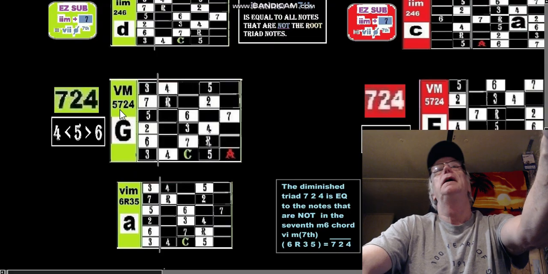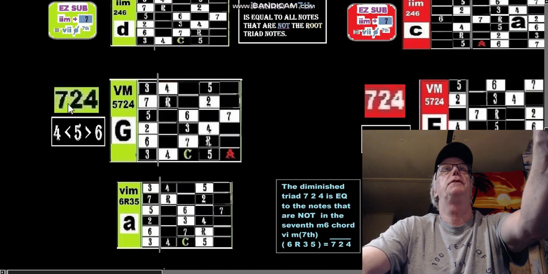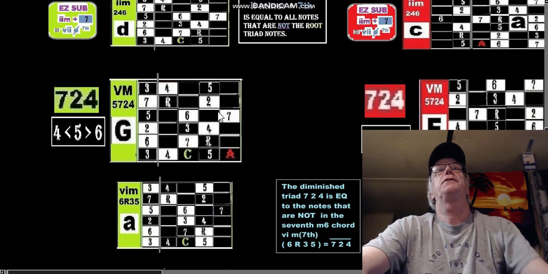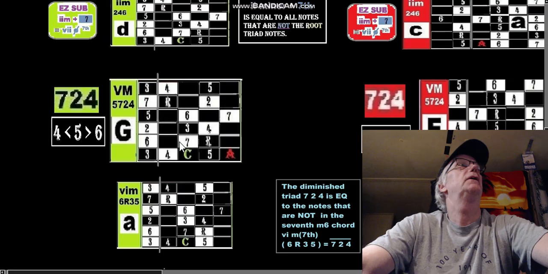If we strip off the 5, we're left with 7, 2, 4. So that's that method. And here's our zigzag here, and here's our D shape there.